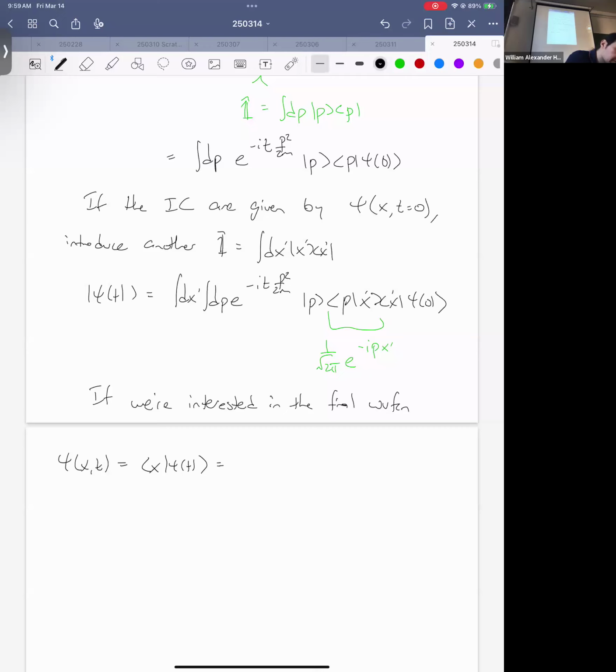Then I've got an integral dx prime dp e to the minus i t p squared over 2m. And then I've got now an x p overlap. And so I'm going to have a 1 over 2 pi, and I have an e to the i p (x minus x prime) psi of x prime and 0.